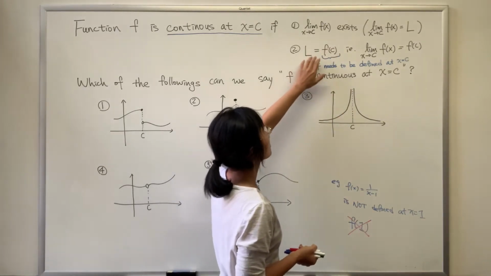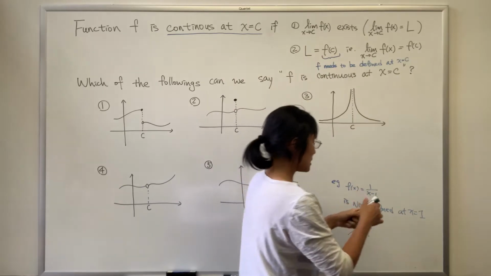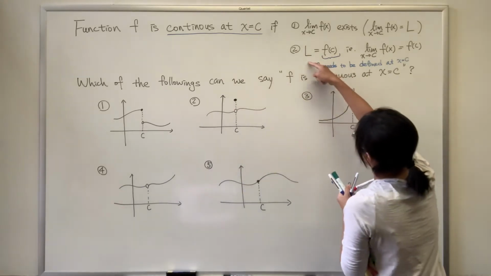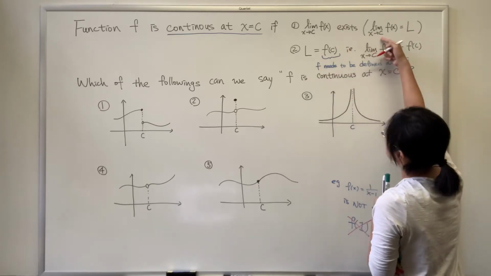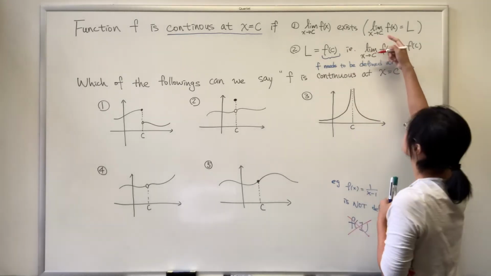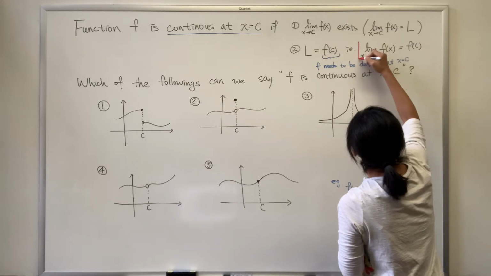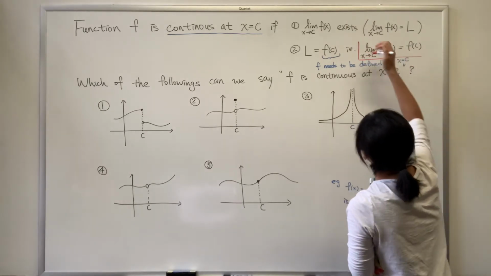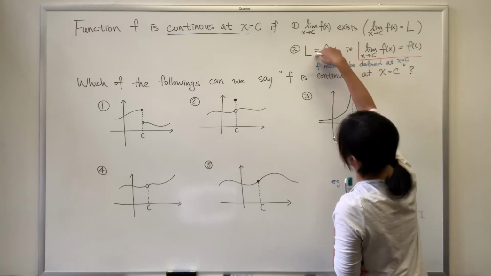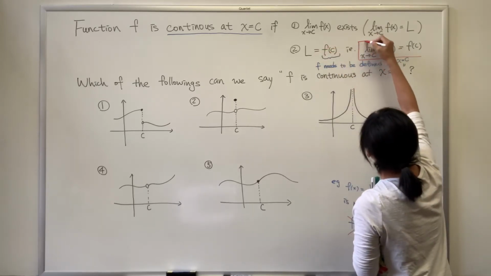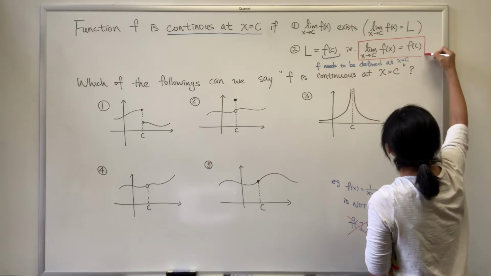And in addition to f being defined at c, I want L to be equal to f of c. So if I replace L by the limit of f, in short, I can write all three conditions, 1, 2, 3, basically, all together in this line.